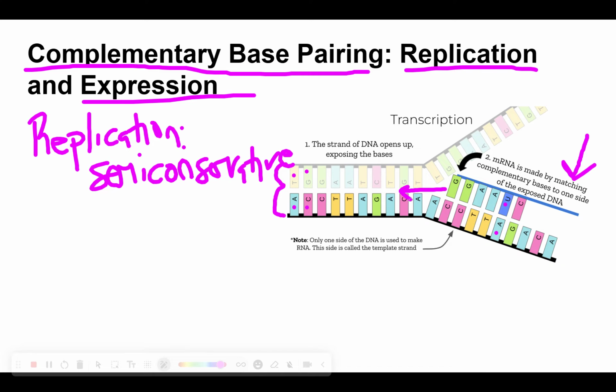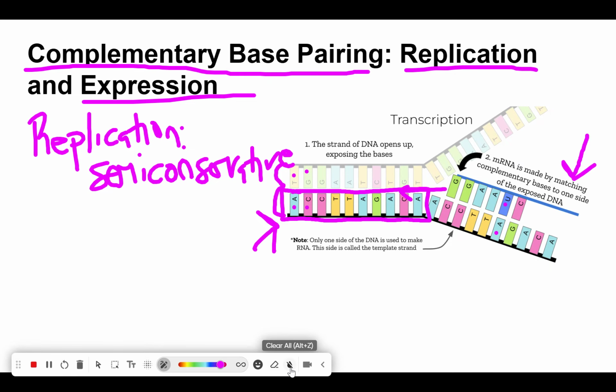All those weak hydrogen bonds get broken, and new strands of DNA can be constructed based on the information contained in just half of a strand. So if you have this part of the DNA molecule that I just boxed off, you know exactly what the other side looks like, and you can make it. You can replicate the DNA.